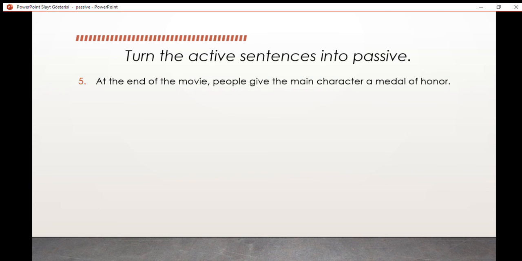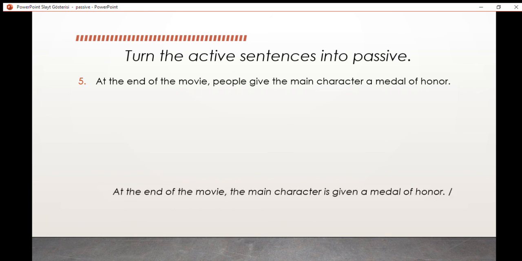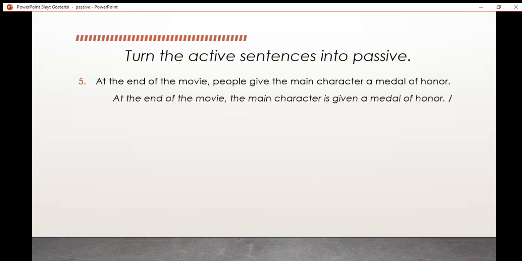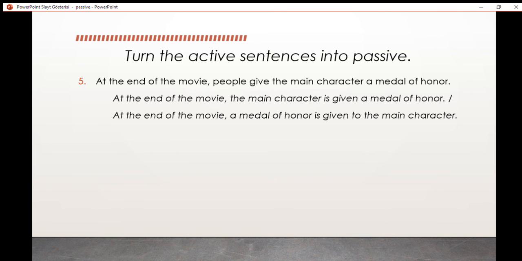At the end of the movie, people give the main character a Medal of Honor. Give. It can take 2 objects. Let's see if it did. The main character, object 1. A Medal of Honor, object 2. So yes, it did. At the end of the movie, the main character is given a Medal of Honor, or at the end of the movie, a Medal of Honor is given to the main character.